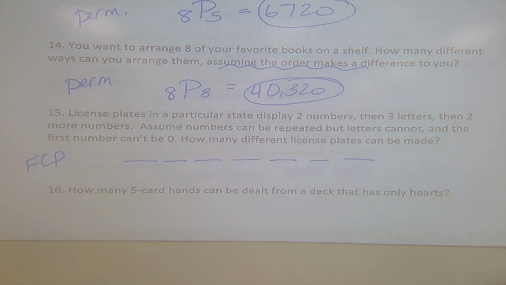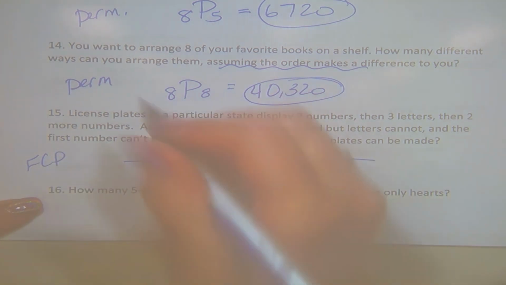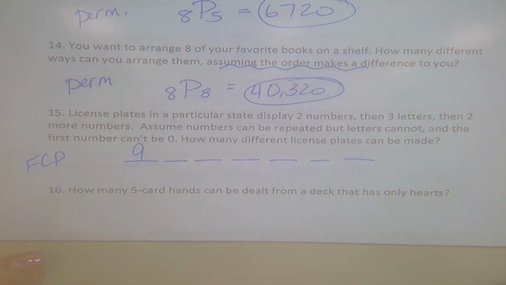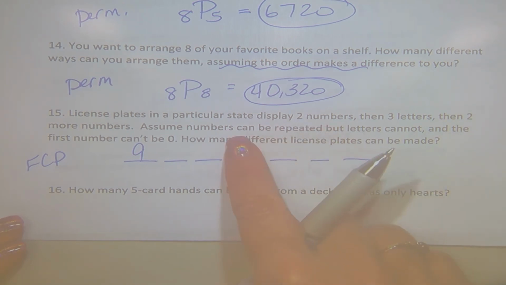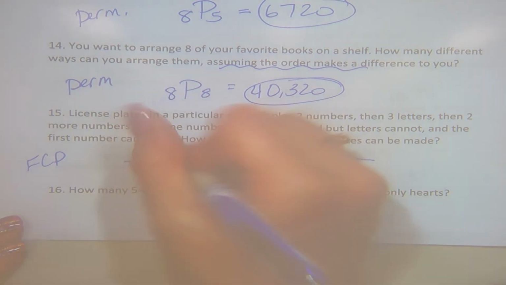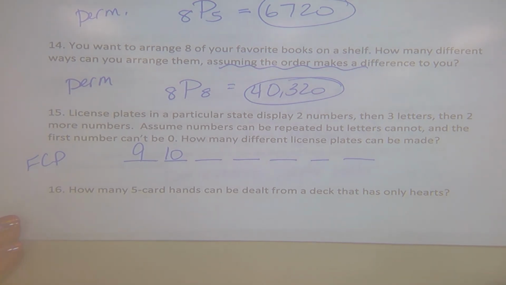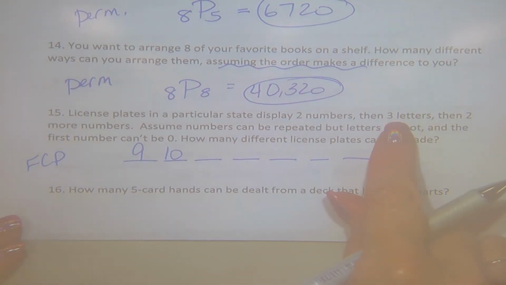Well, there are 10 digits total. The first number can't be 0, so it can only be 9 different things. It can't be 0, so it could be 1 through 9. The second number, numbers can be repeated, so there's 10 options for that second number. Then there's 3 letters, and letters can't be repeated.